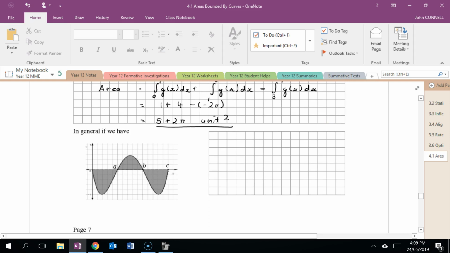So in general, the area in this case would be equal to the negative of the integral from 0 to a of f of x plus the integral from a to b of f of x, take the integral from b to c of f of x.